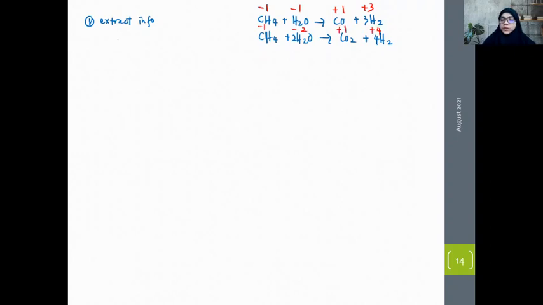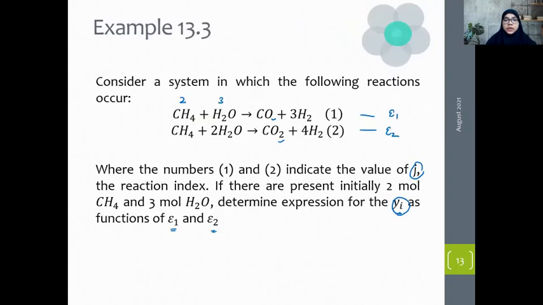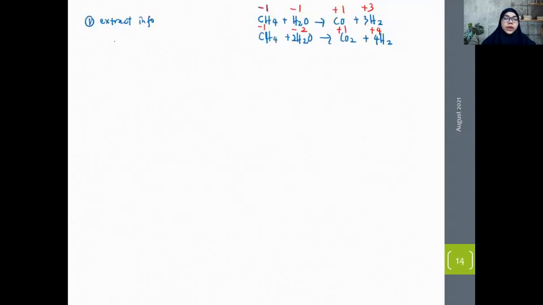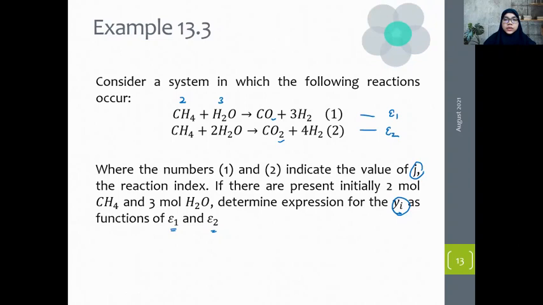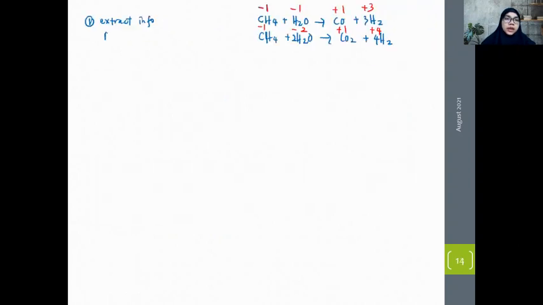Okay, the other information given is the initial moles of both methane and water. So we have n_CH4 initial equal to 2 mole, and n_H2O initial equal to 3 mole.